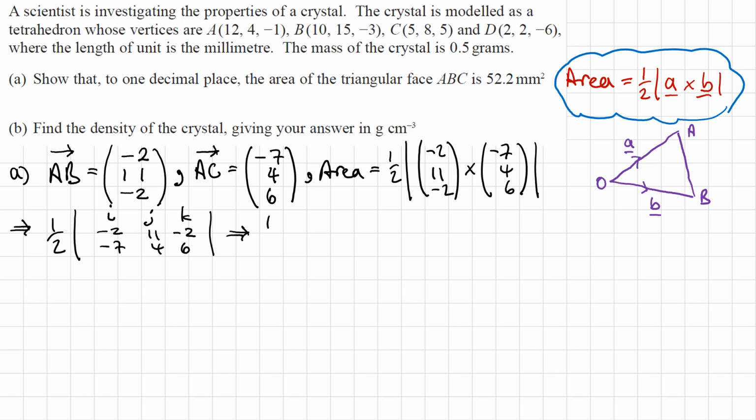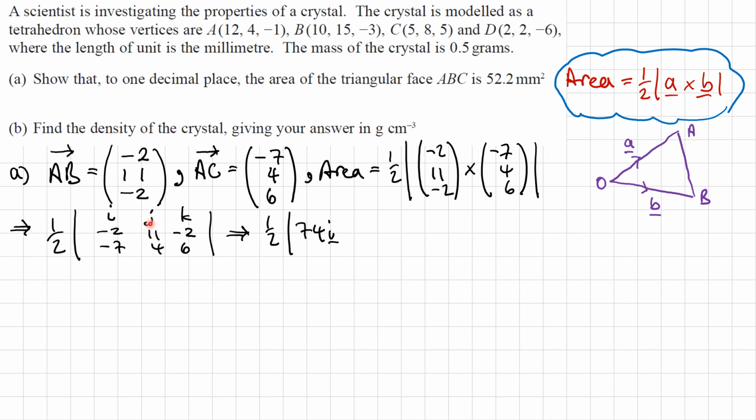Right, so half modulus of, so i times by 11 times by 6, that's 66, minus -8, so that's like 66 plus 8, so that will be 74i.